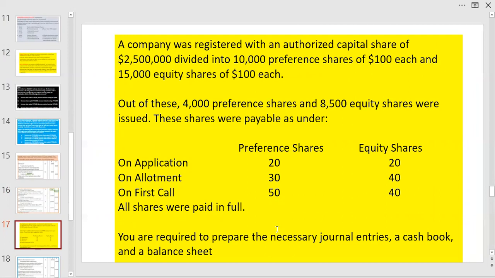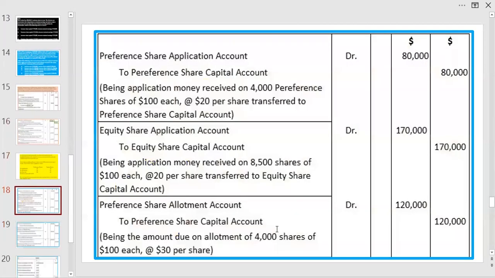Issue of preference share, application 20 into 4,000, 80,000, debited to application account, credited to preference share capital account. 8,500 equity shares at the rate of 20 is 170,000, debited to application account, credited to share capital account.